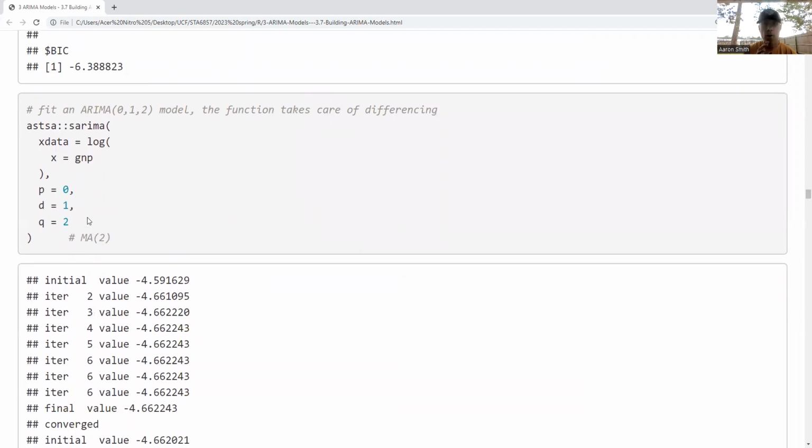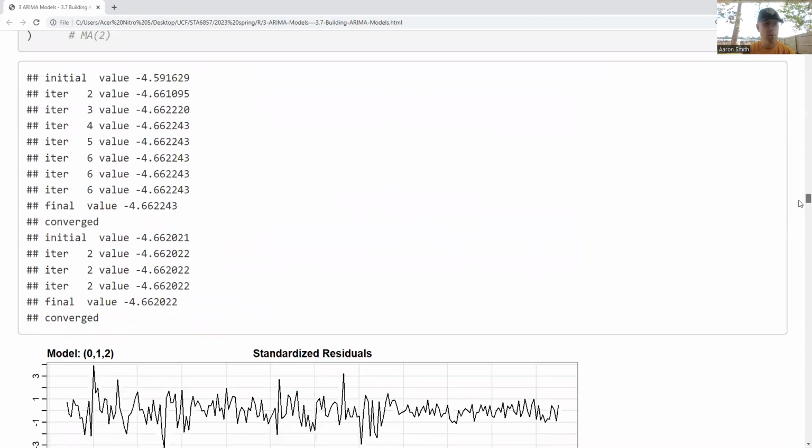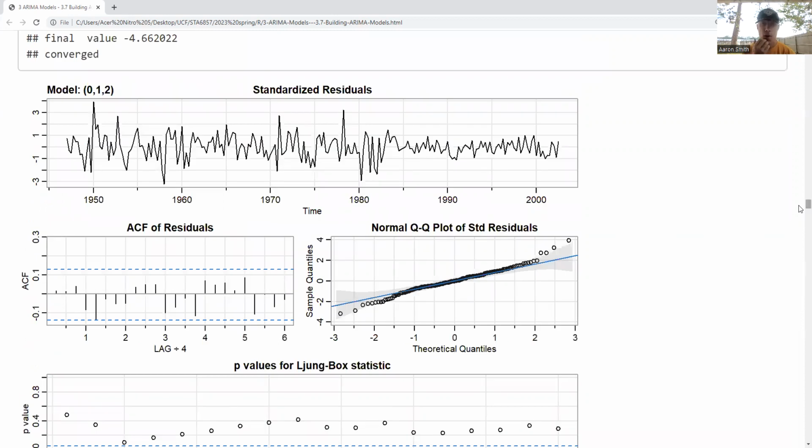Now I want to do exactly the same thing, but I'm going to let the function take care of the differencing. You'll notice that here I'm doing the log transform, but I don't take care of the differencing. I'm letting the function do it for me, which I feel is a better way to go. And so basically we get the same thing.